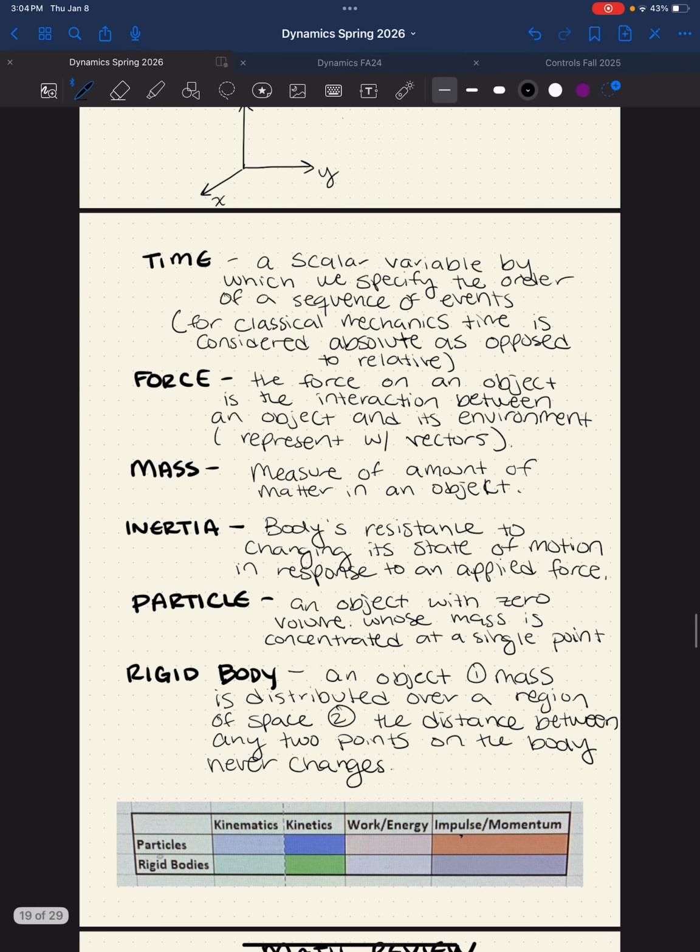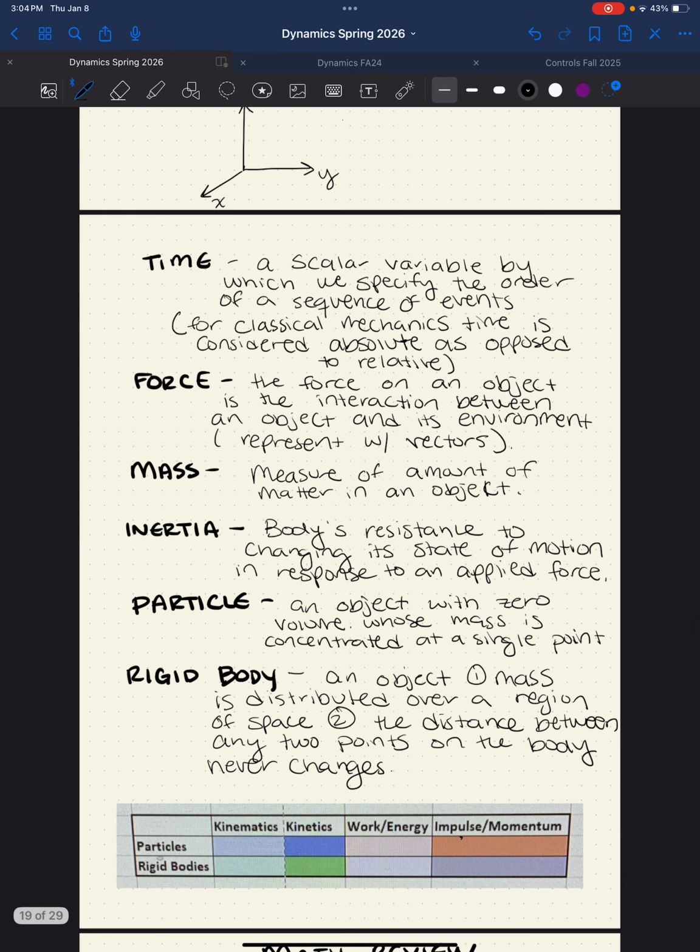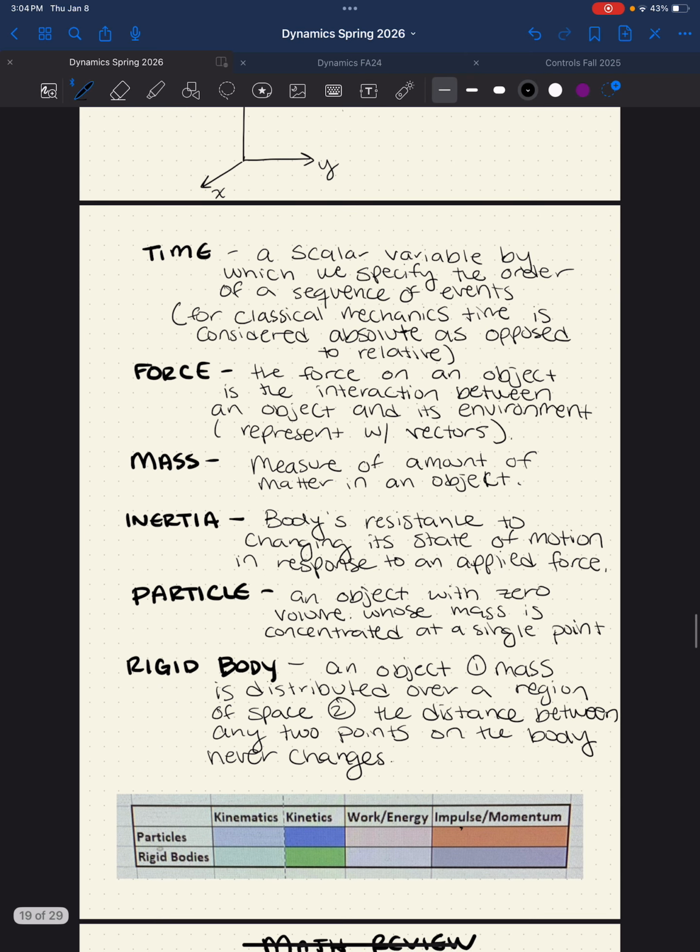Okay, so at this point, we have enough vocabulary to start talking about exactly what we're going to cover in this class. I said for every set of theoretical knowledge that we cover, we're going to start out by applying that idea to particles, and then we will apply that idea to rigid bodies. Okay, I actually have this color coding scheme in our syllabus.